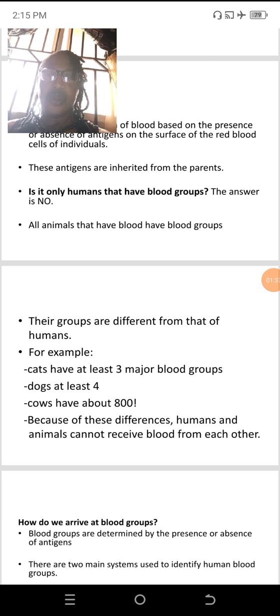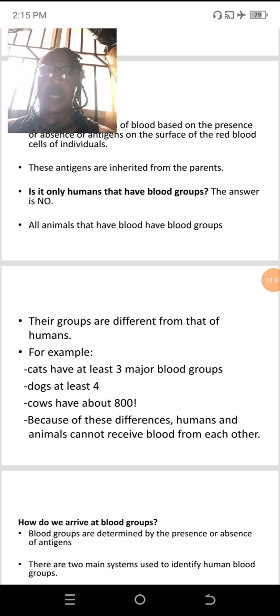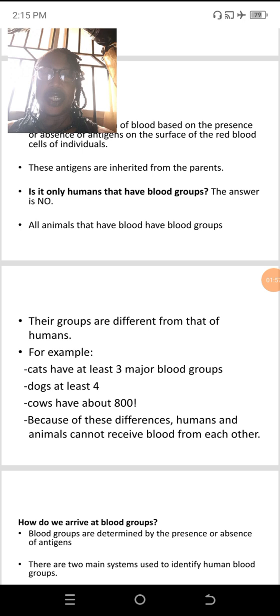For example, in cats, you have at least 3 major blood groups. The classification, of course, is different from the way we classify blood group for humans. Then for dogs, dogs have at least 4 blood groups. And when you come to cows, cows have about 800 or more blood groups.